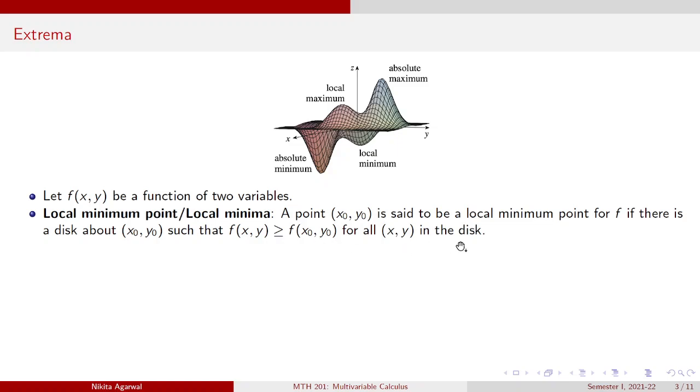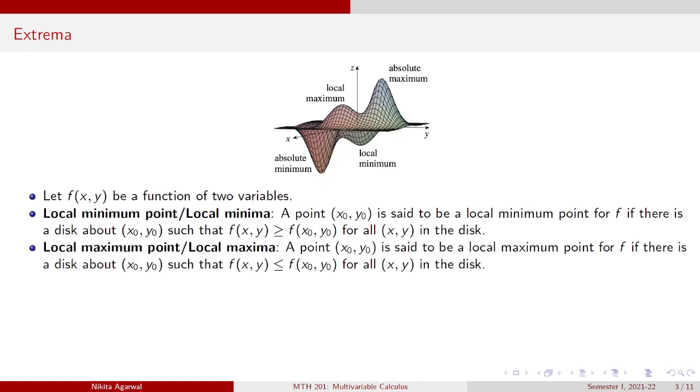Meaning in a disk about this point, the function takes values which are bigger than or equal to the value at the given point. Then you say that this point is a local minimum point. Okay, so this feature is happening locally.